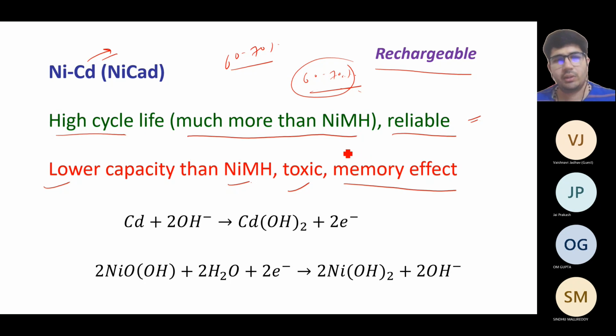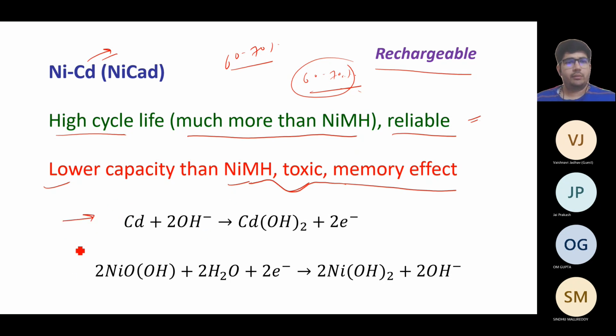In that sense, we say these have memory effect. That is not good, because if we are not using the battery properly, we are not able to use the complete capacity of that battery. That's why it's not good to use.